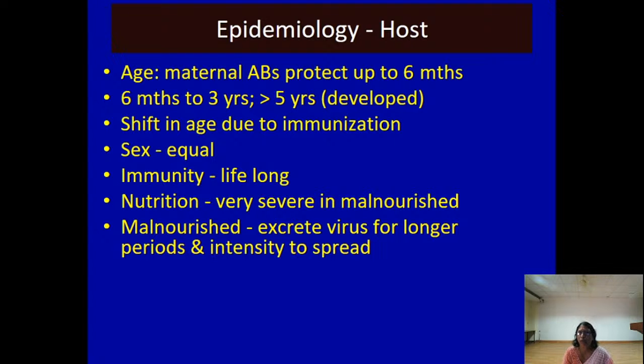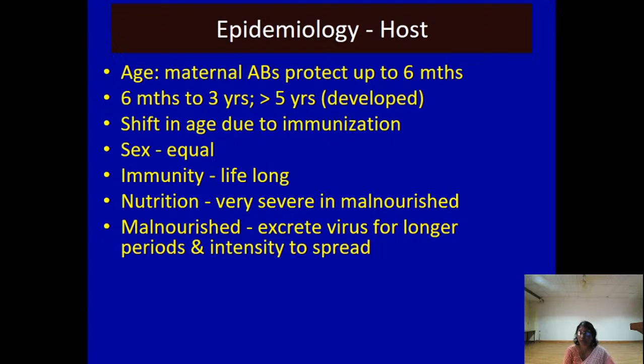That's why we do not immunize any child before 6 months. But in the universal immunization program, we immunize the child at 9 months. In developed countries, it is at a lower age because of the epidemiological aspects. In our country, it is different.